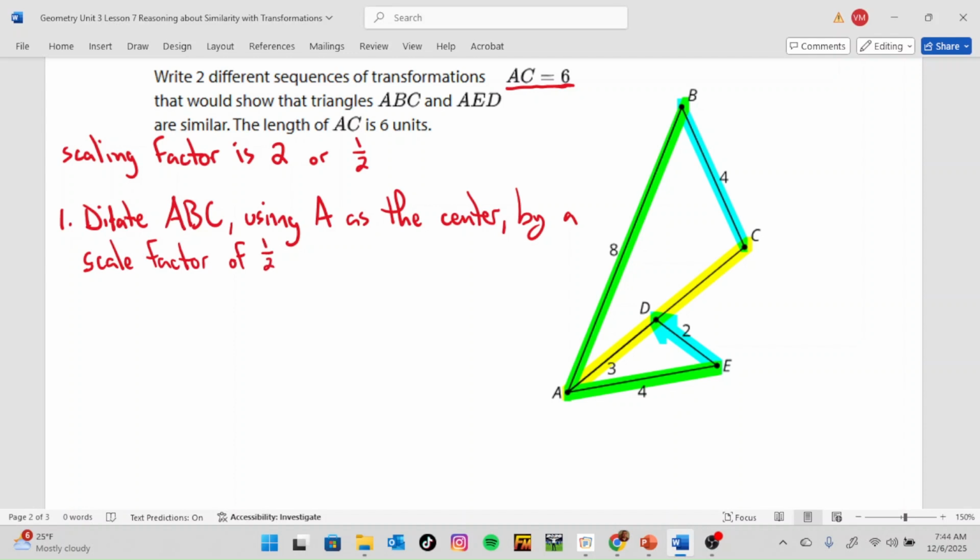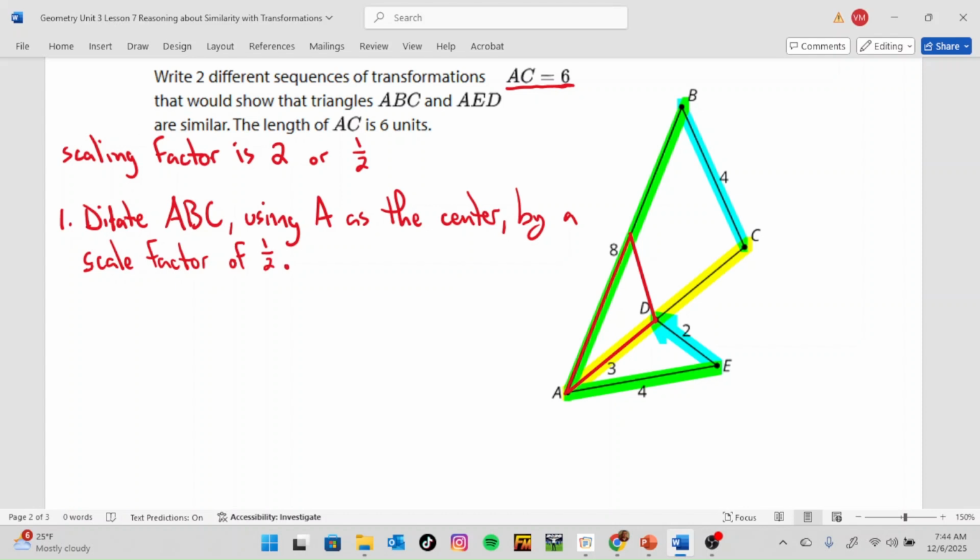That will shrink this big triangle down and it'll create this smaller red triangle.